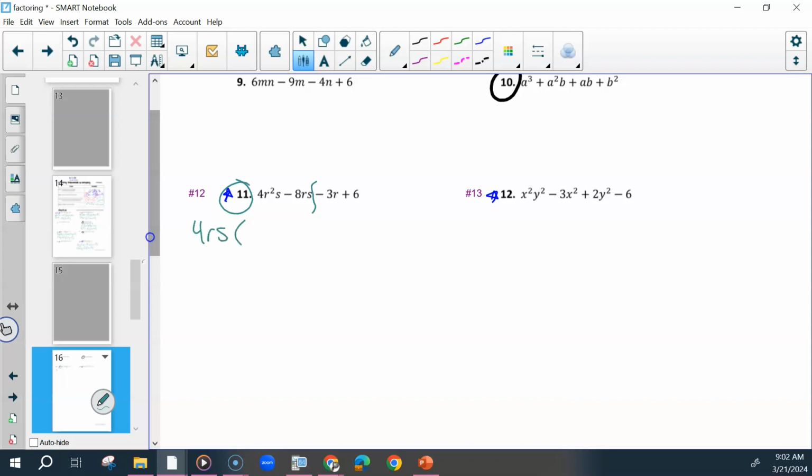What would be left? r minus 2. What could we divide out of the last two? Negative 3. What would be left? 1r, not plus but minus 2. And then our two factors: 4rs minus 3 and r minus 2.